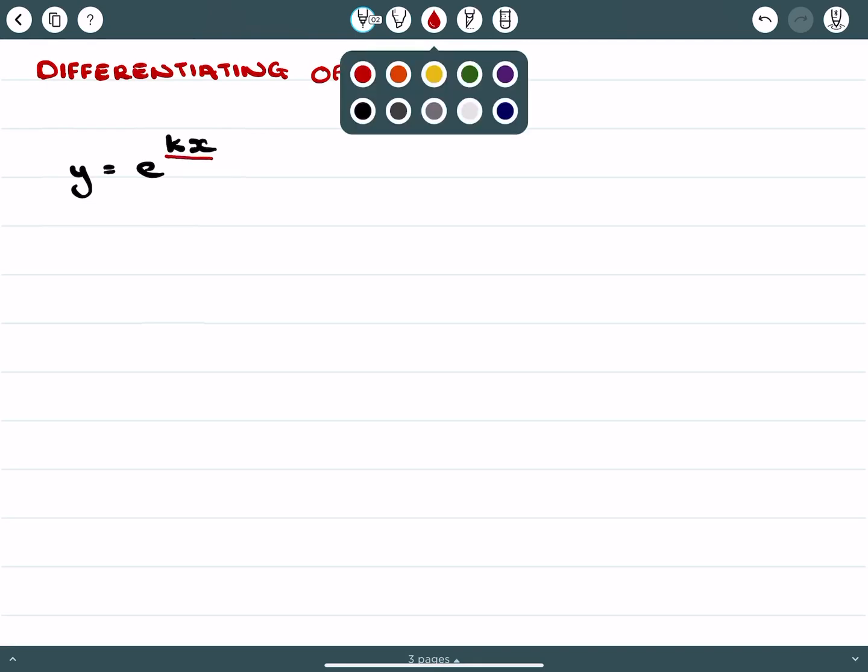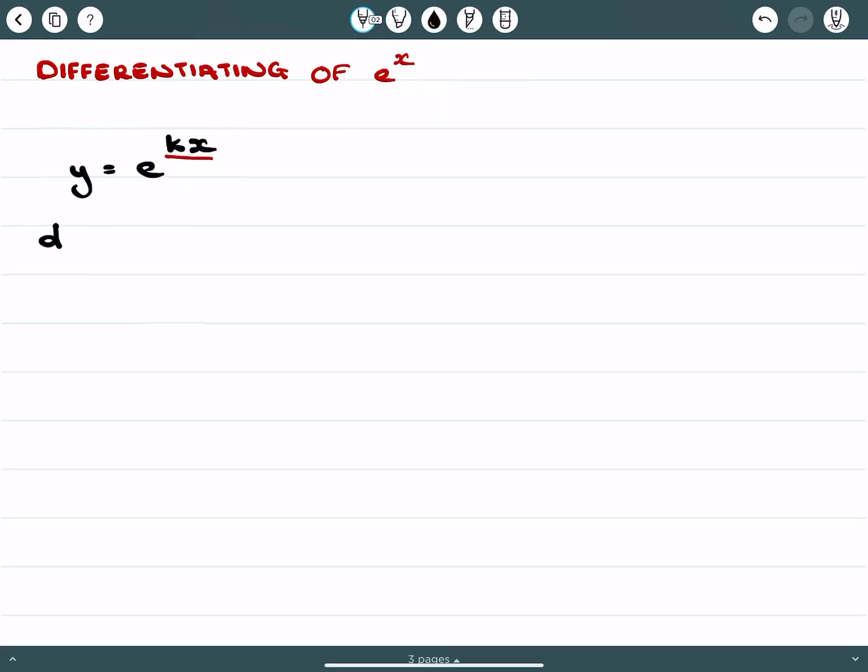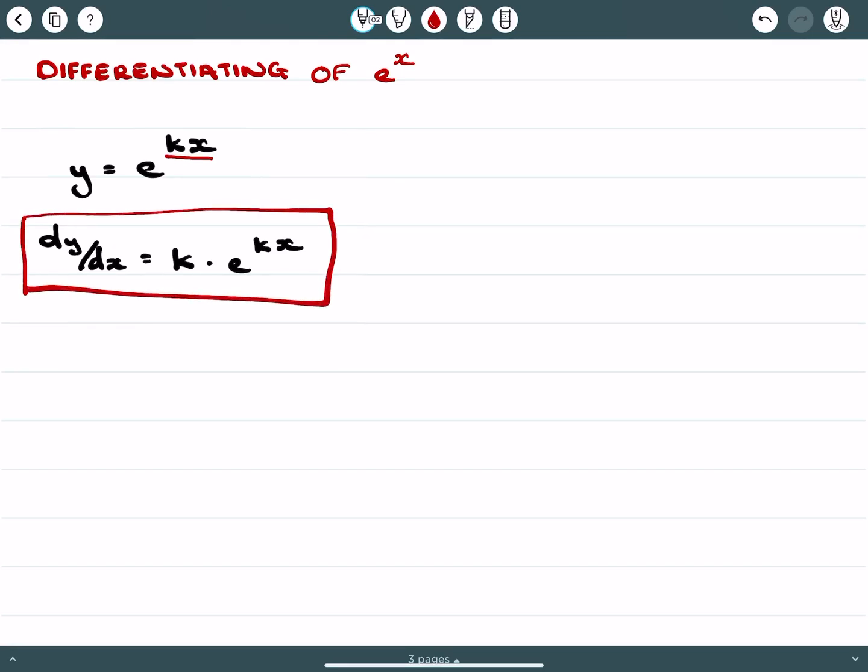Now, by the rule, when we have a look at dy dx, k comes out, e to the kx.